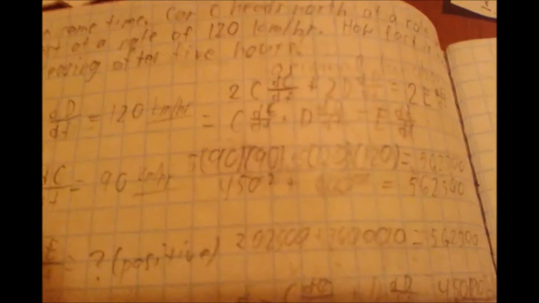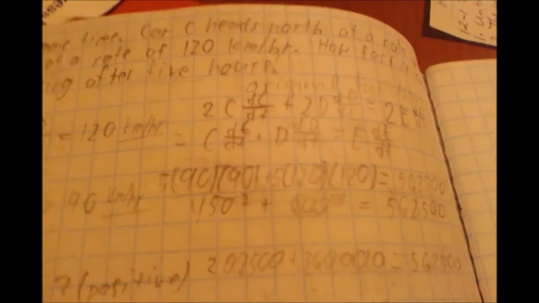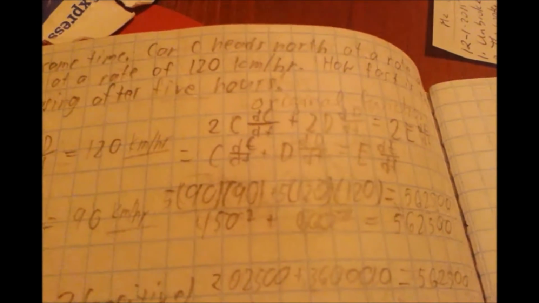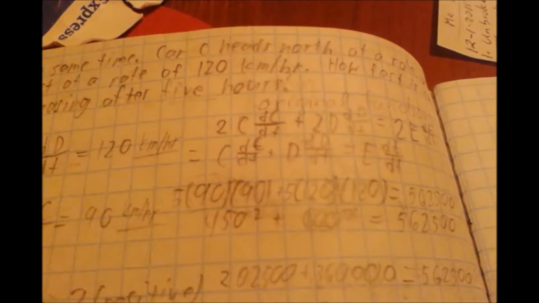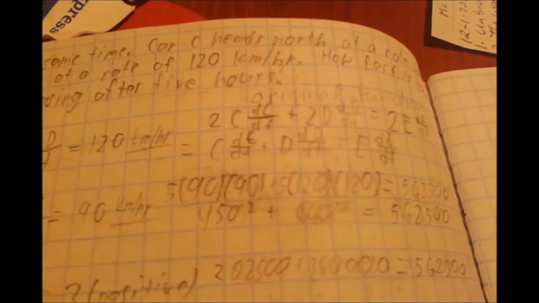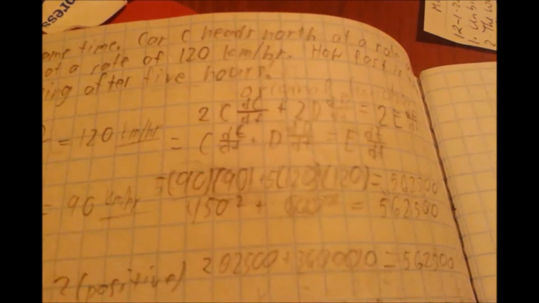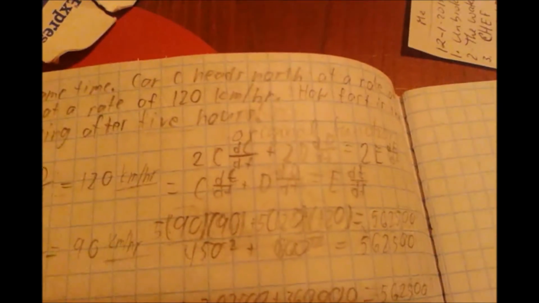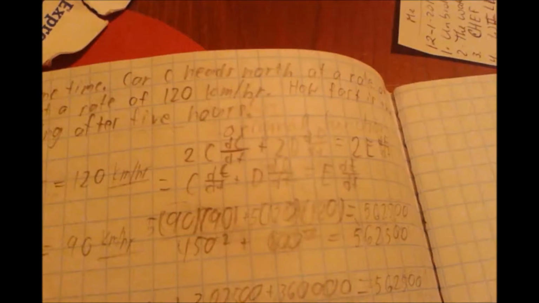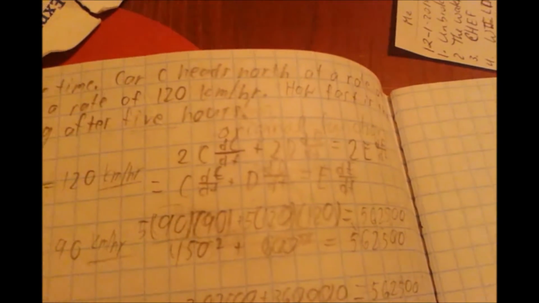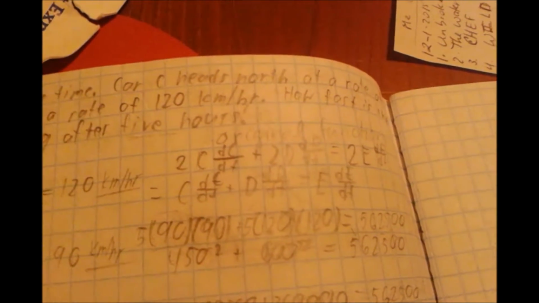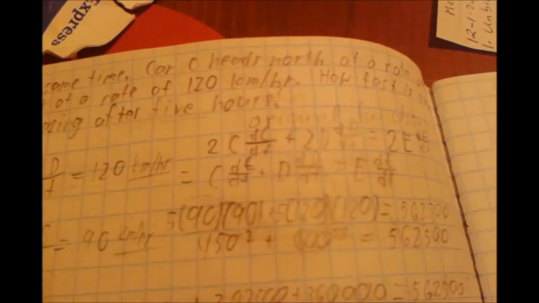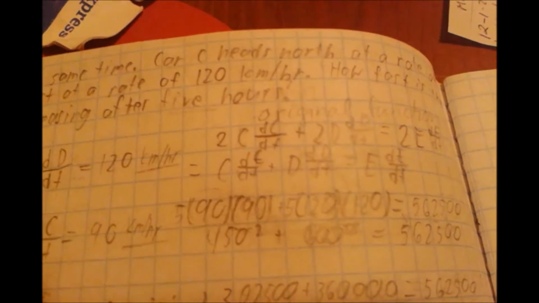In this way, we're using the product rule, essentially 2 times car C with the derivative of car C with respect to time, plus 2 multiplied by car D times the derivative of car D with respect to time, which gives us 2E times the derivative of E with respect to time, which is the distance the two cars are traveling at a rate of 5 hours.